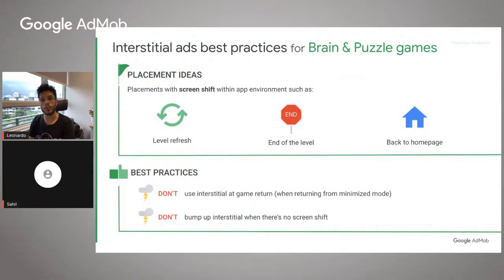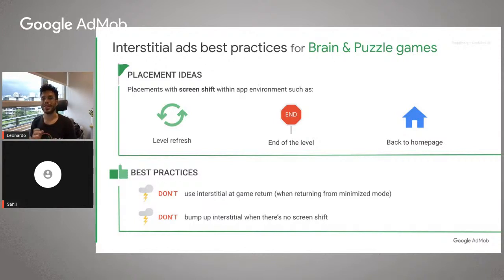When it comes to interstitial best practices instead, as mentioned before, interstitial ads should be placed within a screen shift within your app environment, such as level refresh, end of the level, or back to the homepage.